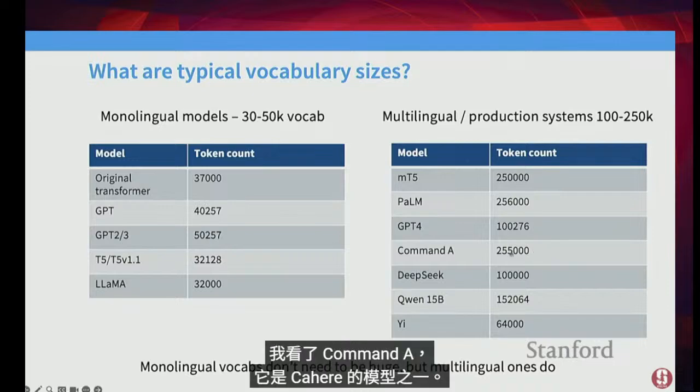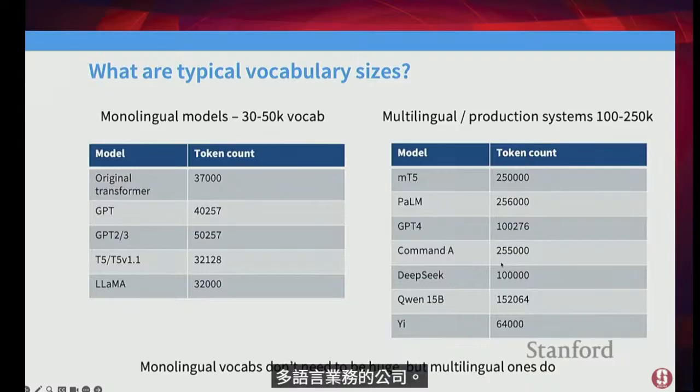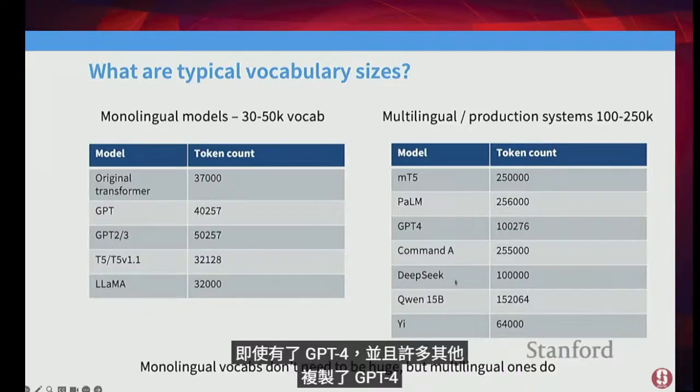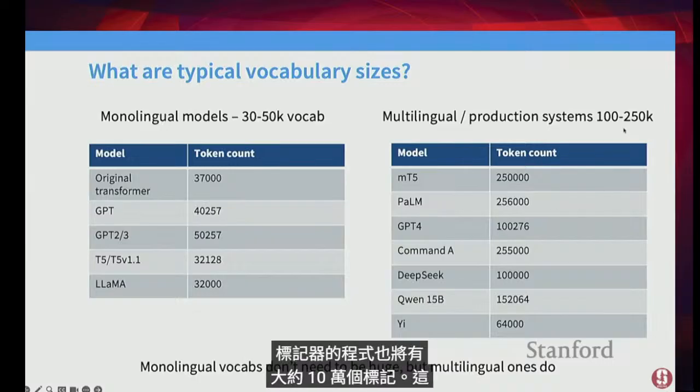And I looked at Command A, which is one of Cohere's models. They're a company that emphasizes a lot of multilingual stuff. You see very large vocab sizes from them. Even GPT-4 and many others that have copied the GPT-4 tokenizer are going to be around 100K tokens, right? And so that's the standard that a lot of people are operating at, roughly 100K to 200K token size.